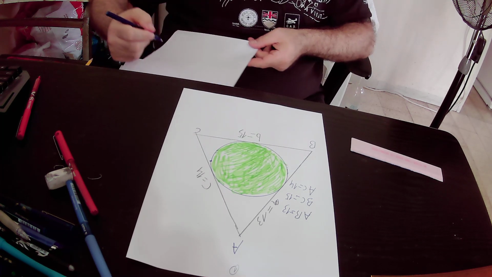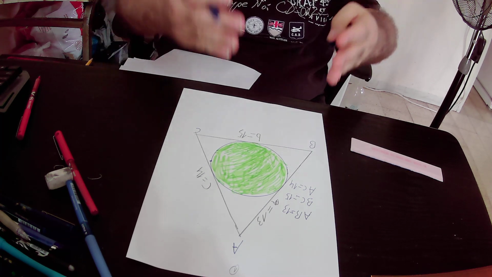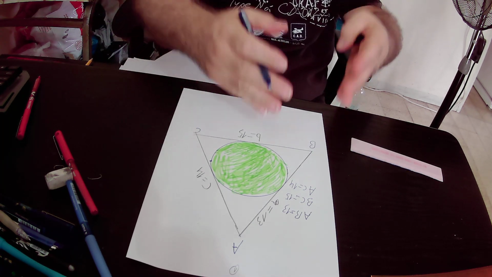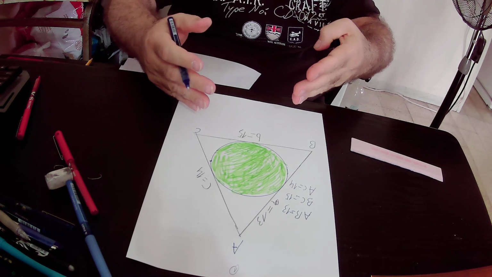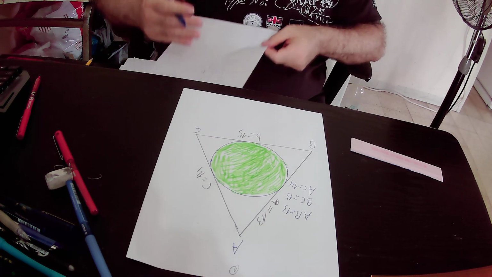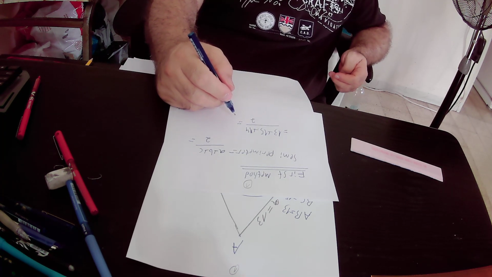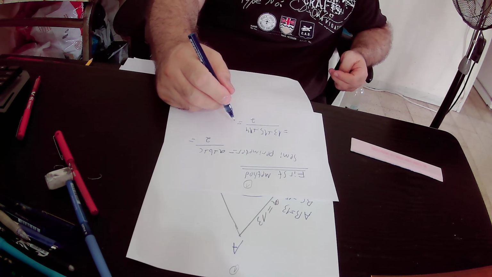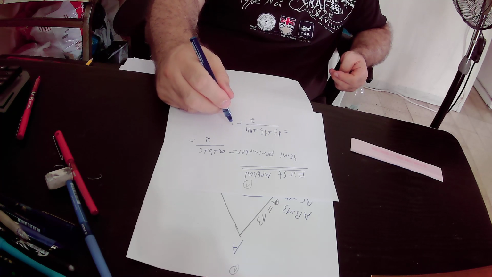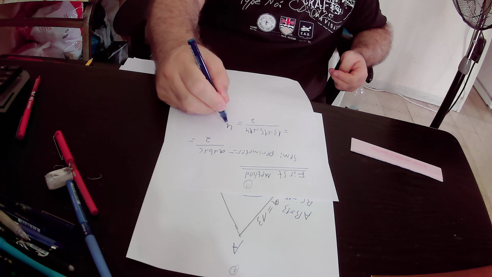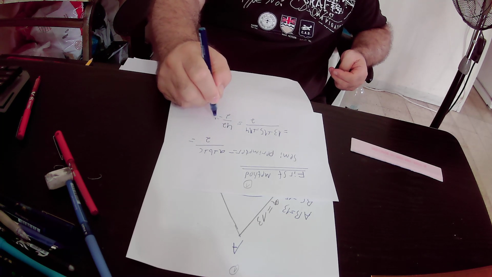So the semi-perimeter is the sum of its sides divided by 2, and 13 plus 15 is 28, and 28 plus 14 is 42, and 42 over 2 is 21.